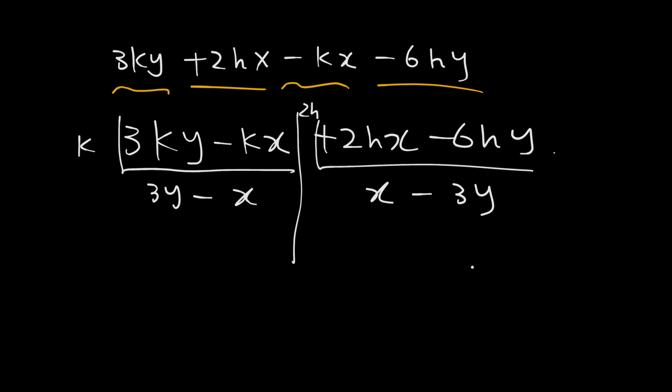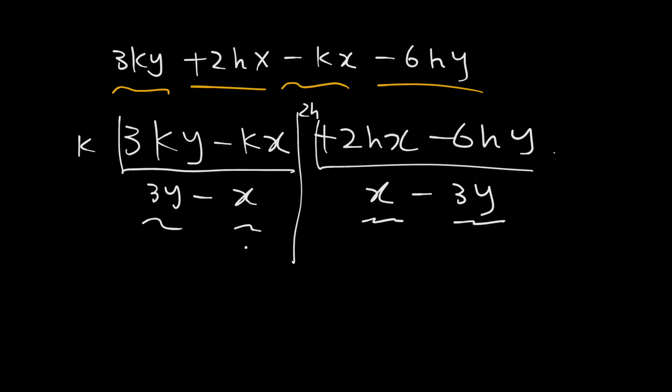Then you start to see, hey, I have 3y minus x here and x minus 3y here. They are somewhat similar, but the position is different. The x is in front, then the 3y is next. Over here, 3y is in front, x is next.